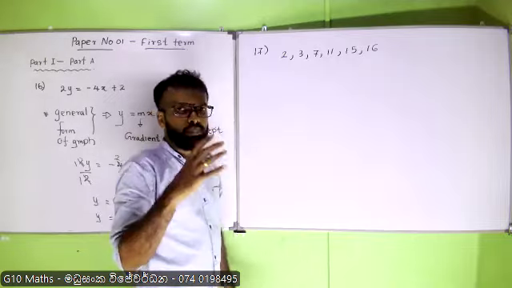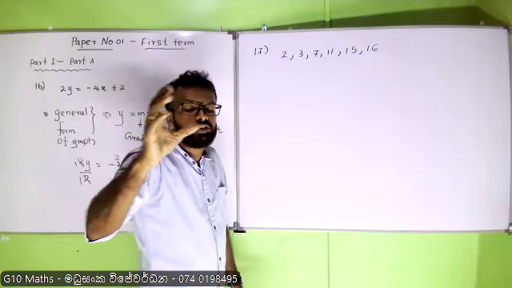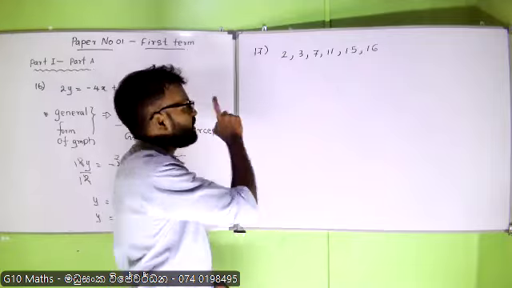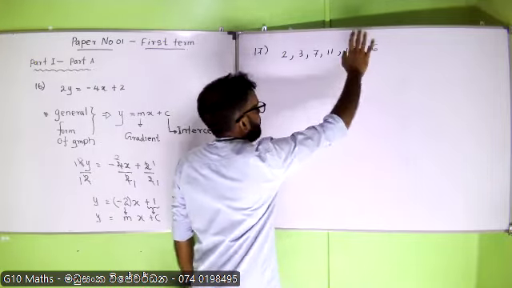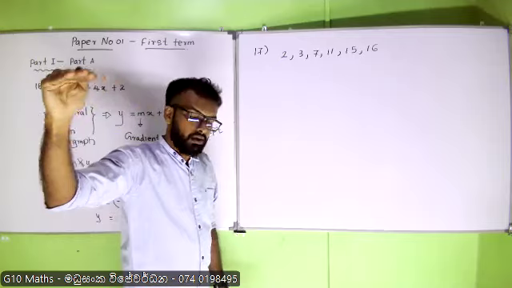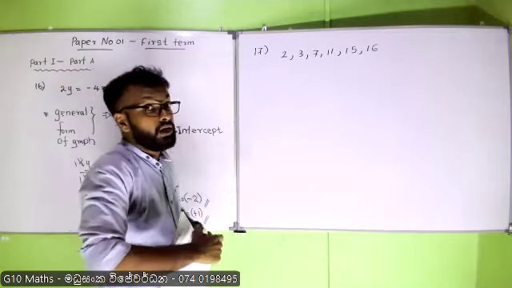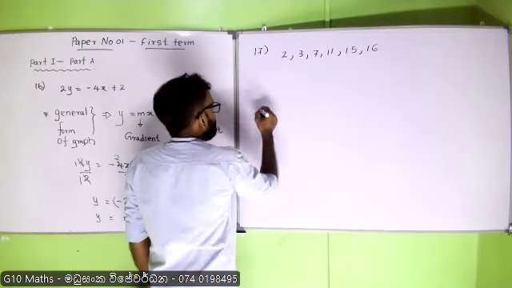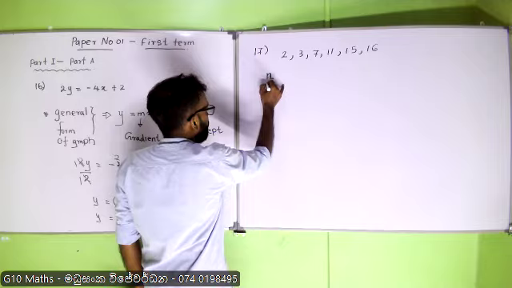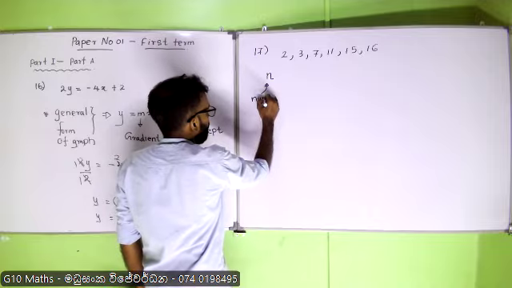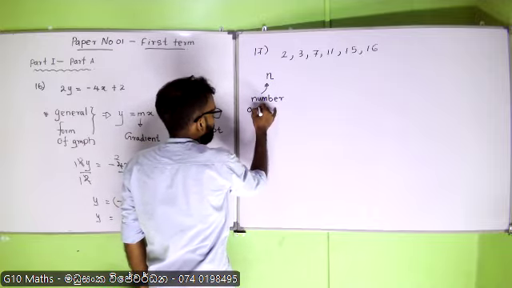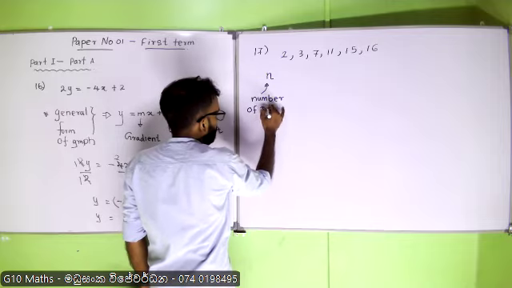Normally we prefer ascending order. Now I check 2, 3, 7, 11, 15. This is in ascending order, so no need to arrange. Now I am going to count the number of data. That is n. In statistics we normally refer to n as the number of data.